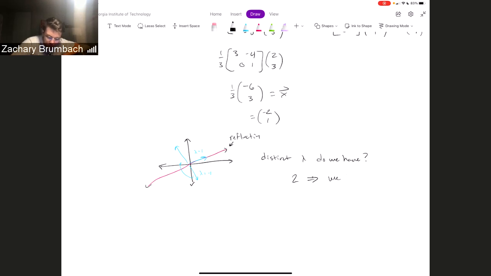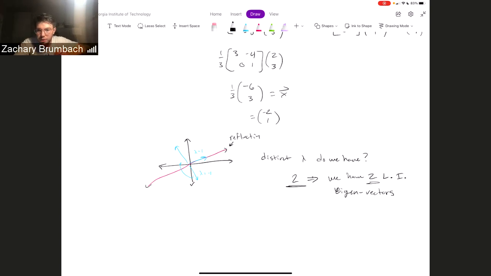Therefore, we have 2 linearly independent eigenvectors. Okay, and since we have 2 eigenvectors and 2 eigenvalues, then it is diagonalizable.